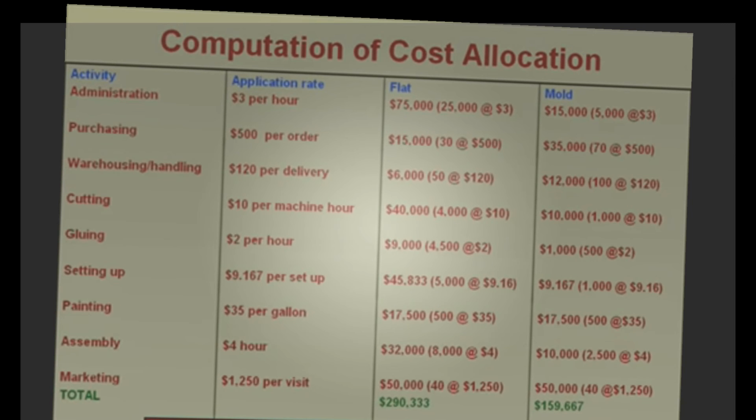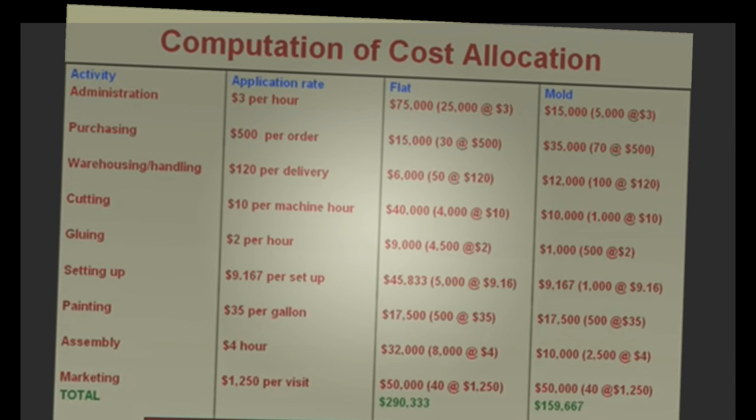For mold, the total cost allocated is $159,667. How many units? Do you remember from the problem? 5,000, right? So if you divide it, the overhead cost is $31.93 per unit.